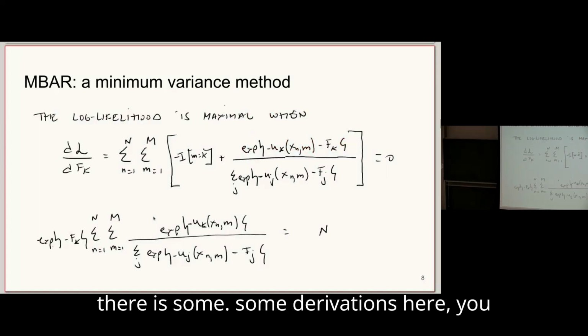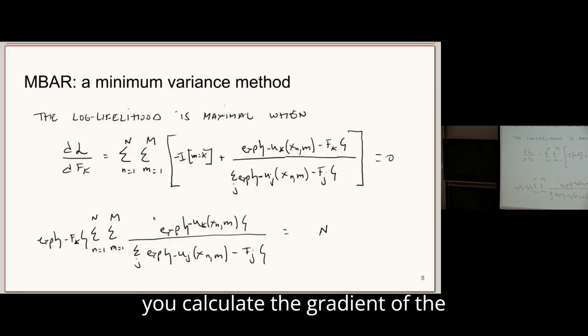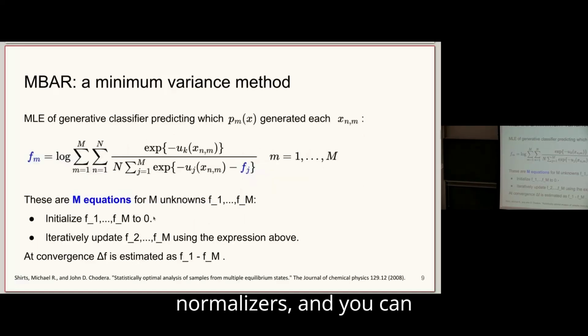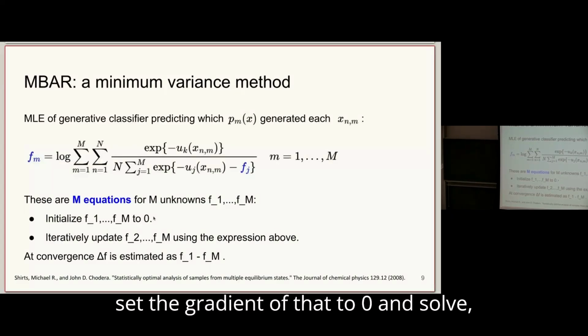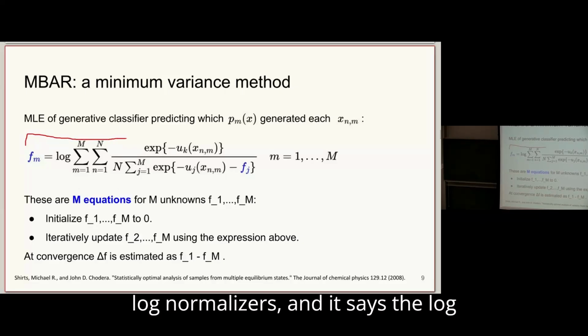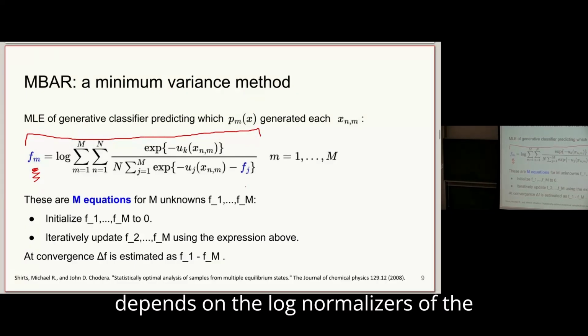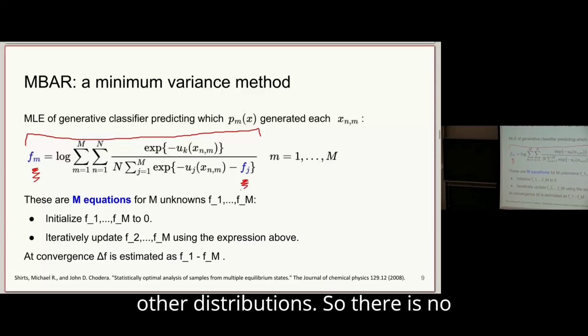Yeah, there are some derivations here. You evaluate the likelihood, you calculate the gradient of the likelihood with respect to these log normalizers, and you can set the gradient to 0 and solve, and you will get this equation for the log normalizers, and it says the log normalizer for the distribution m depends on the log normalizers of the other distributions. So there is no analytic solution. It's a bit like logistic regression.